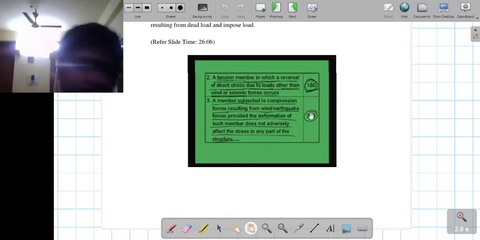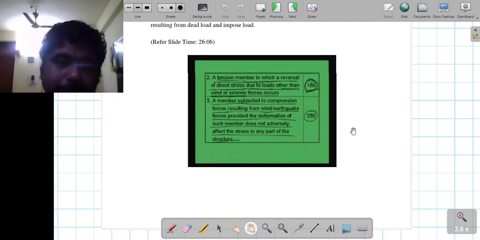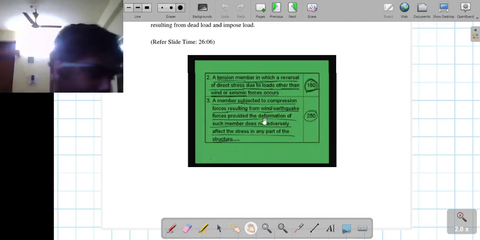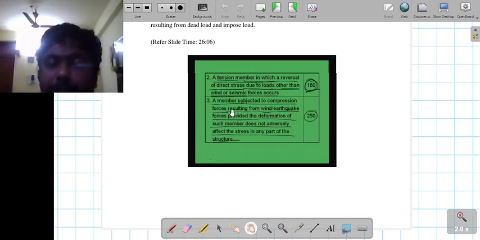Suppose our member is subjected to other kinds of load, not only simple compressive load, then what is to be done? You see the next one: a member subjected to compression forces resulting from wind or earthquake forces, provided the deformation of such member does not adversely affect the stress in any part of the structure.